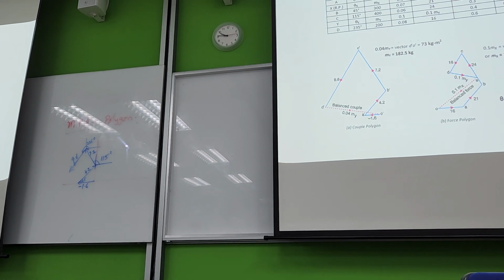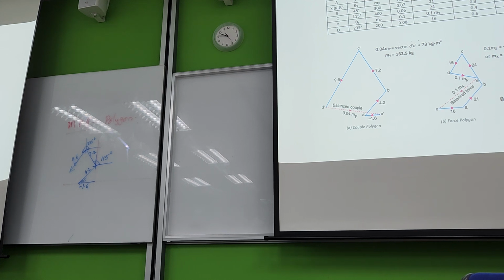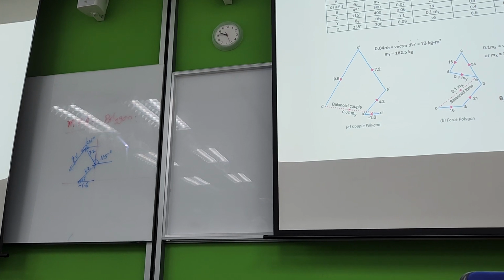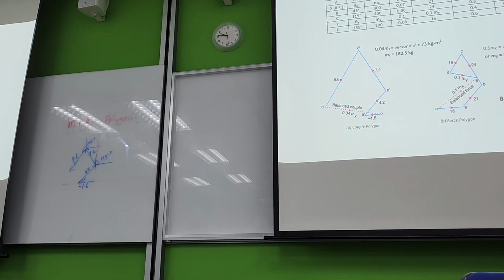Now we complete the polygon. Whatever distance you measure along the dotted line is equivalent to 0.04 into M1, because you are summing all the MRL values to 0 as you close the polygon.